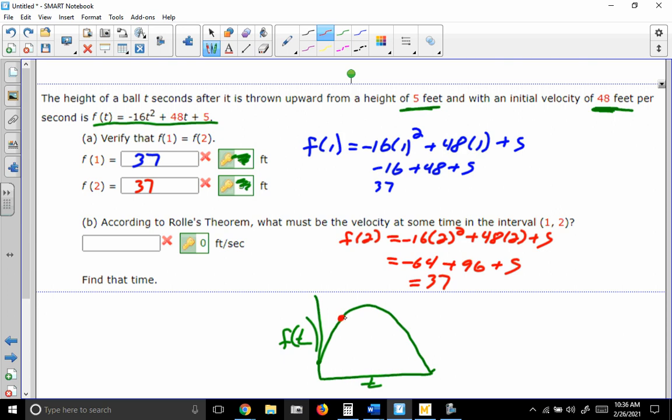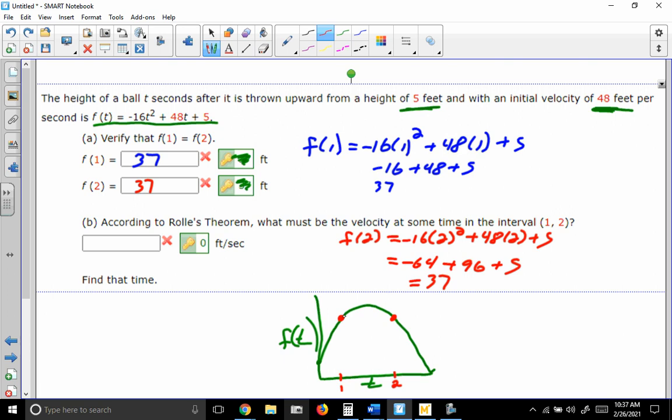Well, that's because it's at a height of 37 feet when it's going up. And then when it starts coming back down, it's also at a height of 37 feet at some point. So in between 1 second and 2 seconds, it reached the maximum height and then it started coming back down.